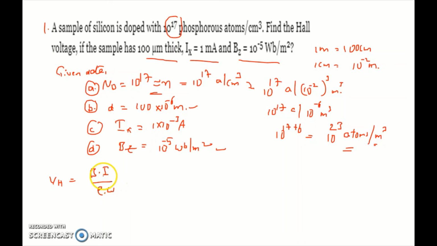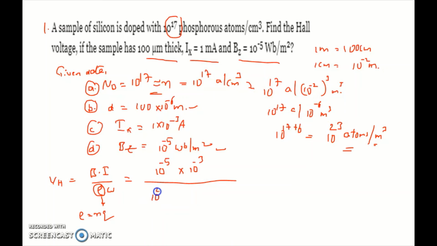So now here it becomes equal to, where B is nothing but magnetic field intensity, that is 10 to the power of minus 5, into the current given here, that is 10 to the power of minus 3, divided by rho, where rho is nothing but the charge density. That charge density, rho, can be taken as n into q, where n is the charge carrier concentration. That is here I got as 10 to the power of 23 atoms per meter cube.